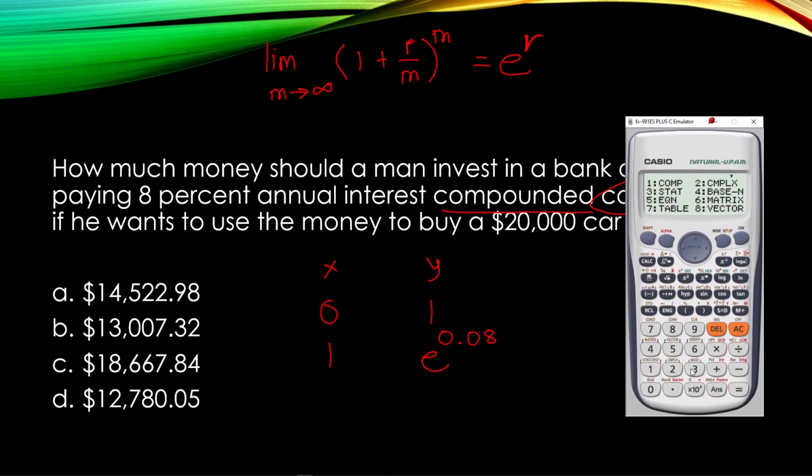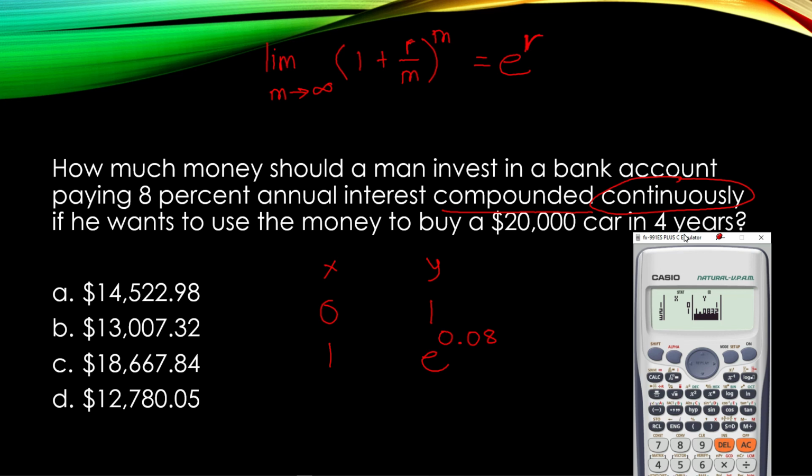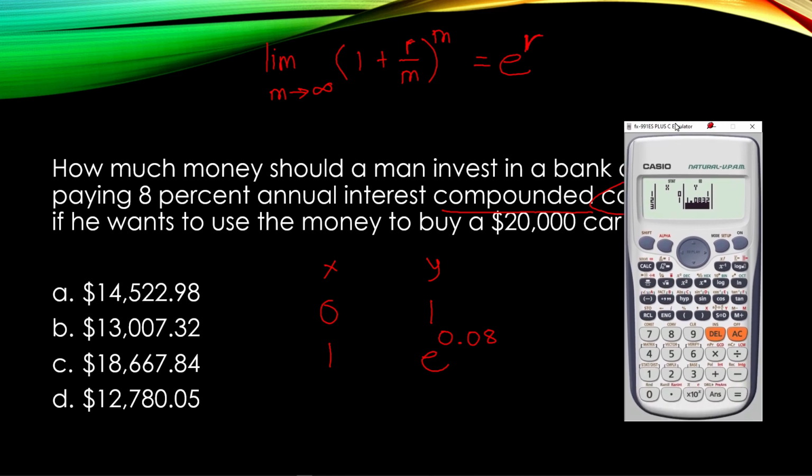We have mode 3, 6, we have 0, 1, tapos 1, and then we have e raised to the power of 0.08. Okay. So, yan. And then, next is we have, kukunin natin for 4 years.